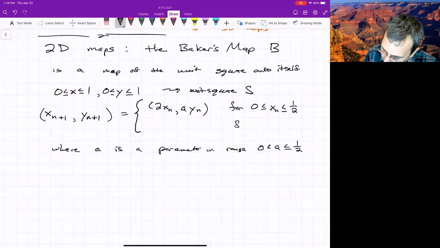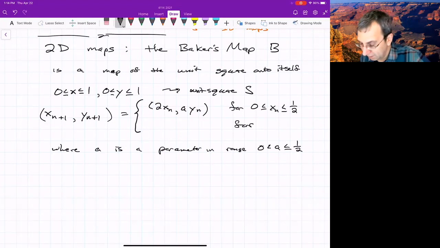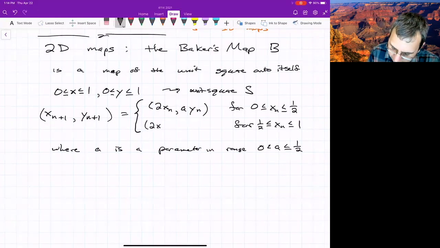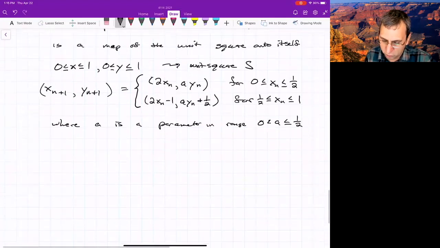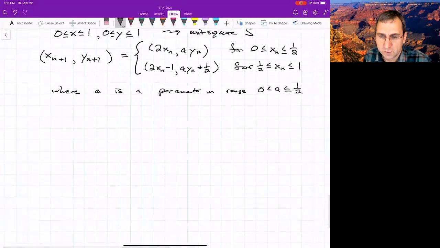For the other half, the right half of the square, and I'll give a picture, this is 2x_n minus 1, a y_n plus a half. So this is what it does. You could think of it as the product of two simpler transformations.